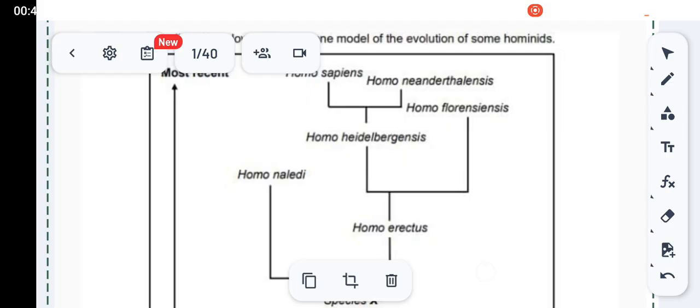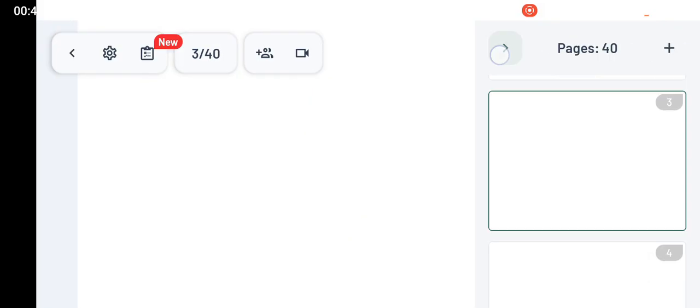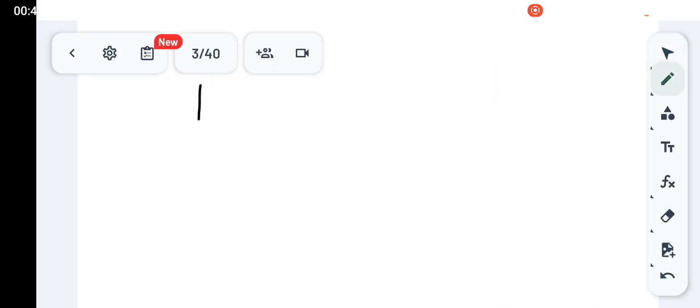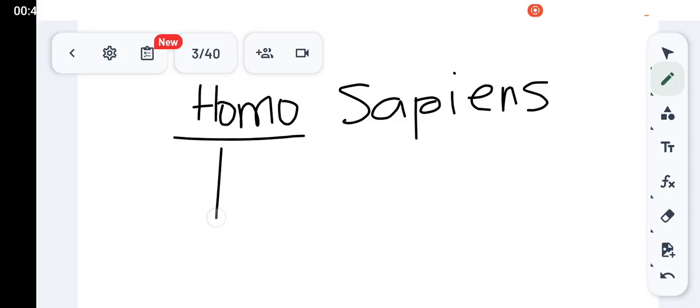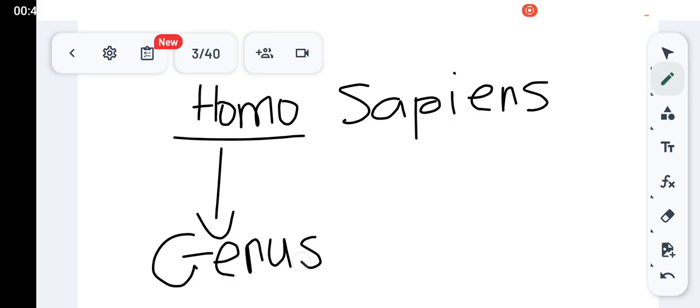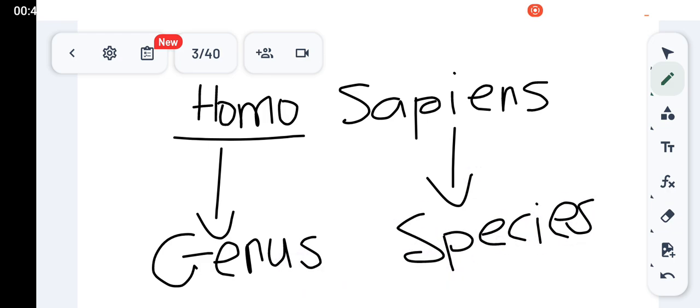Let me try to show you something so that you can understand. Let's say for argument's sake that we've got Homo sapiens. Homo is what we call the genus, and sapiens is our species.